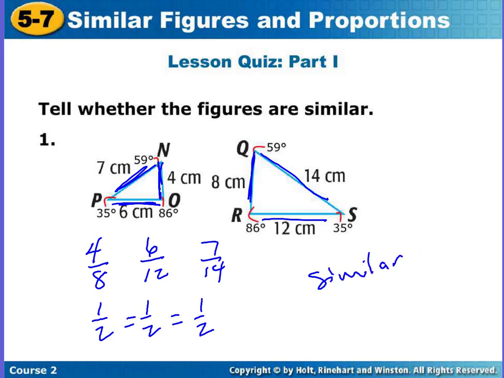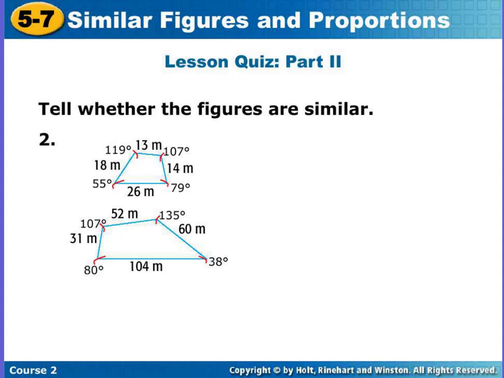Okay, let's do another one. So far all the ones that we have looked at have been similar. What about this one? Do they look alike? Yes. Are they different sizes? Yes. Do they have corresponding angles that are congruent? Well, here's a 119. I look down here at all of them, and none of them have a 119.